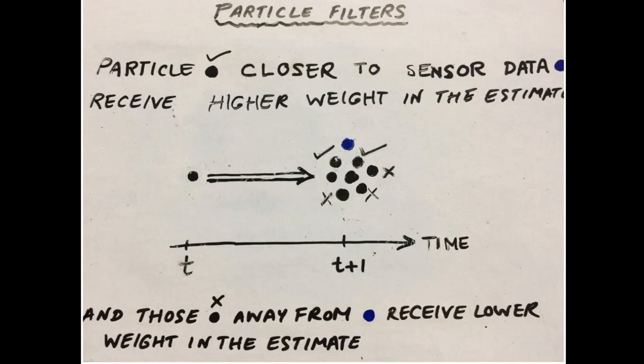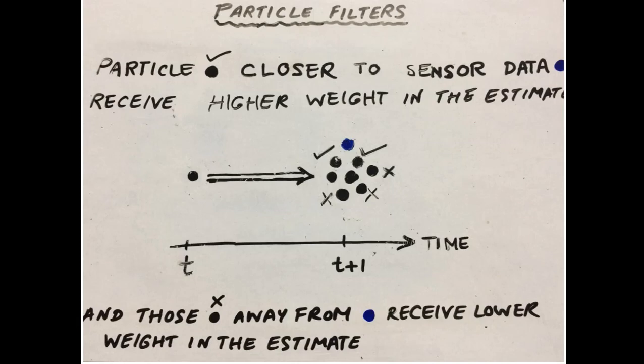So the way particle filters work is that they are going to select the black particles for higher weightage which are closer to the blue particle. You see the top 2 black particles are closer to the blue one, and so they are going to receive higher weight.